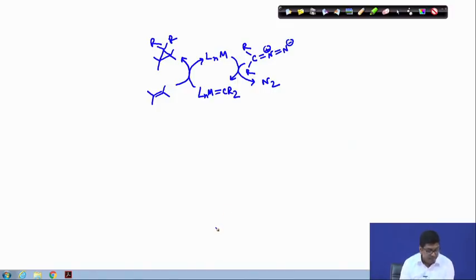Now, this reaction, that is from the olefin to cyclopropane, can go via two different ways.